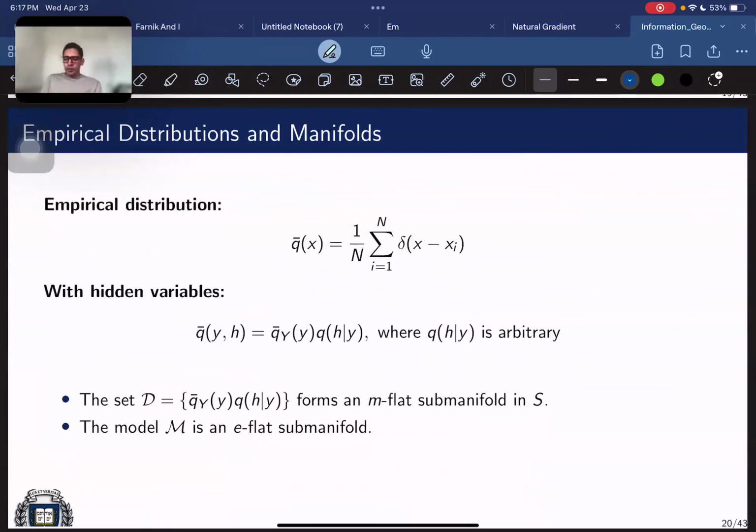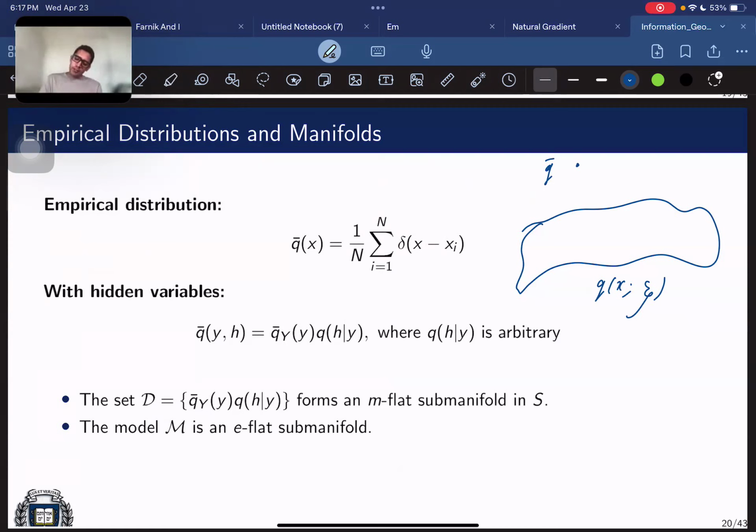So we have a parametric space. Consider this as the whole space of all distributions over X. This is all distributions parametrized, and this is the empirical distribution.